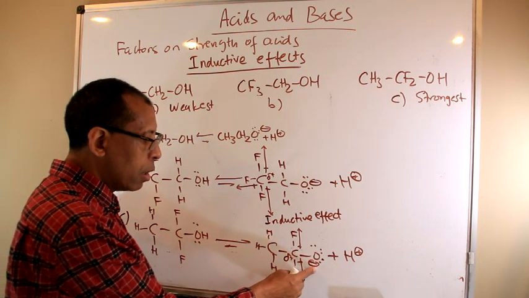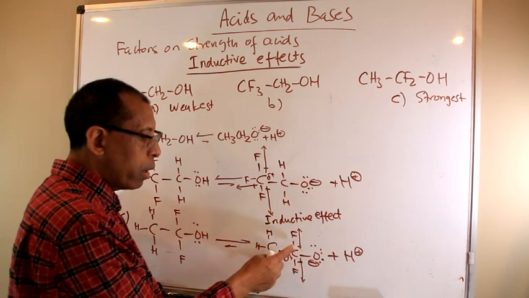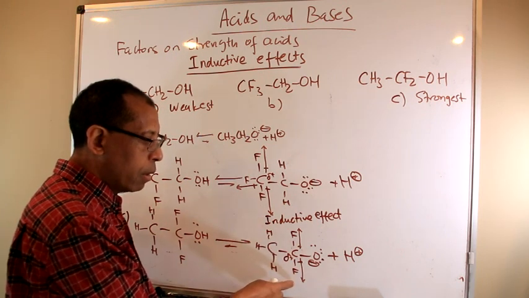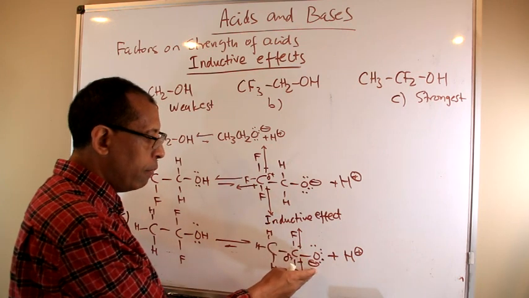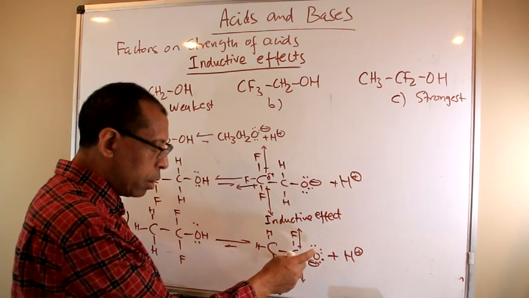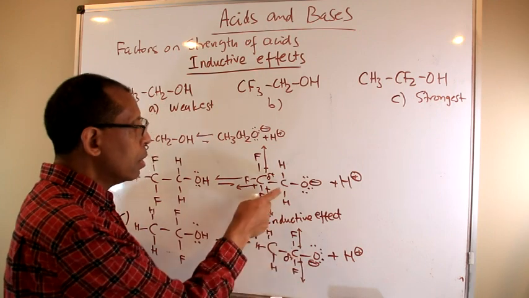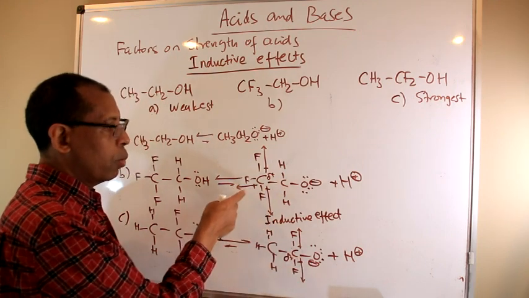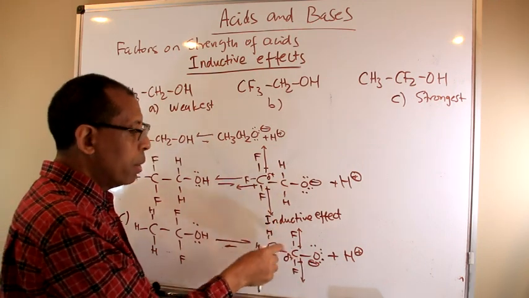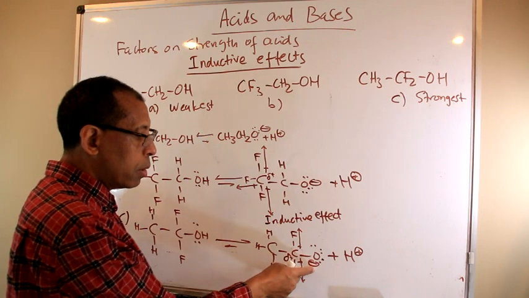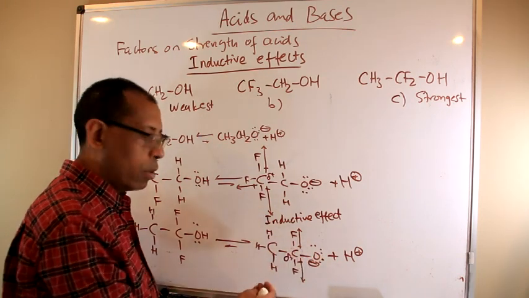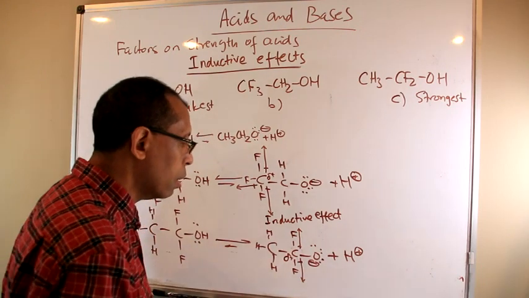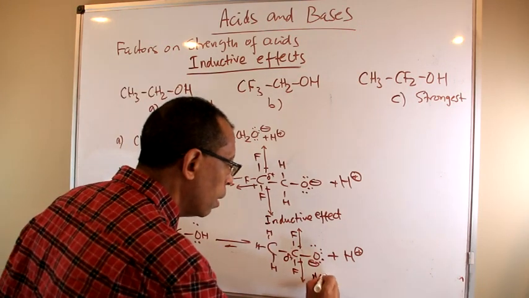This negative charge is very close to where the inductive effect happens. Therefore, there is more inductive effect because it's close to the reaction center, the oxygen. This one is one carbon farther, that's why it's a weaker acid. But this one is very close to the negative charge and stabilizes it.